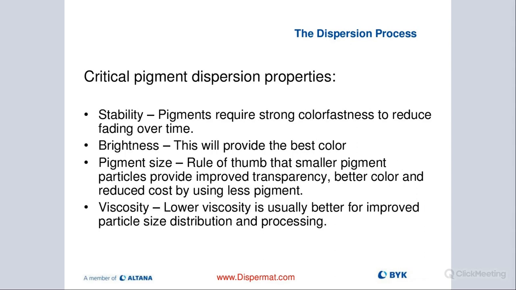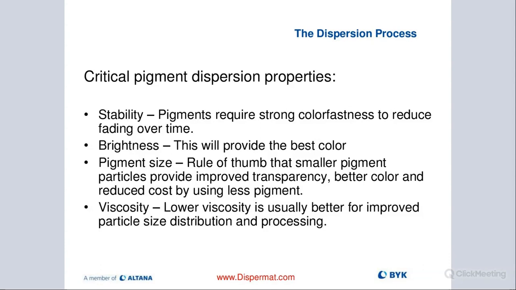So there are some things that are really important here, which is the stability of our product. Pigments have to have a very good, strong color fastness, so that helps them with the fading over time. Brightness is another outcome of a very good dispersion, so that will usually give us the best looking color.